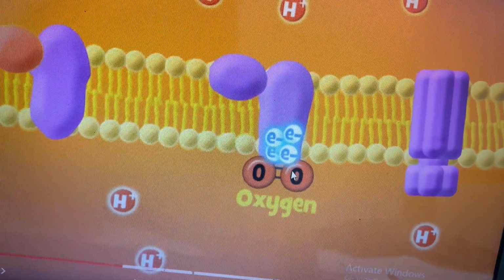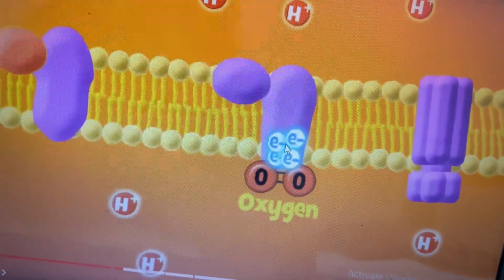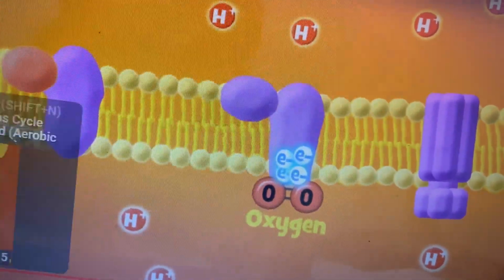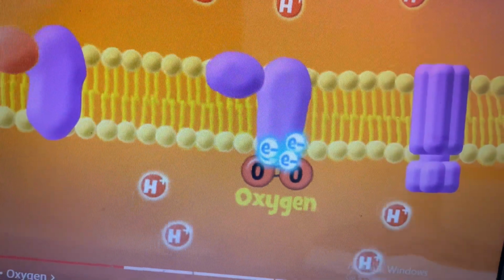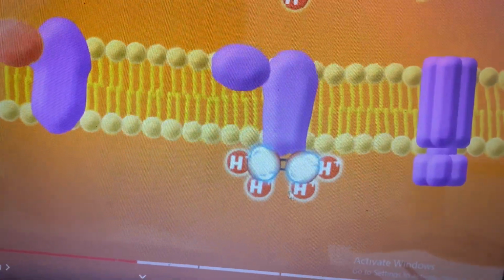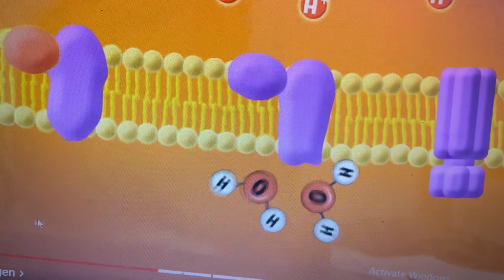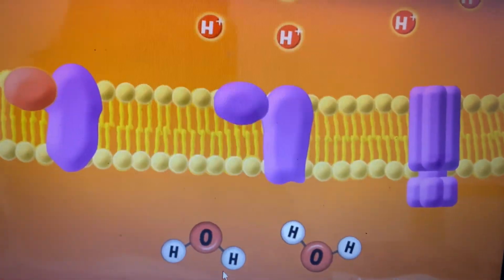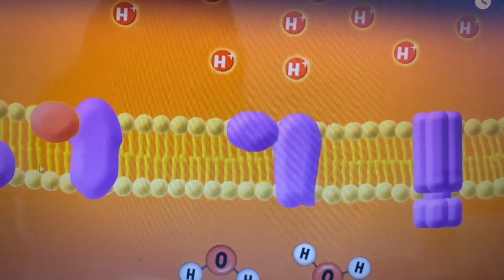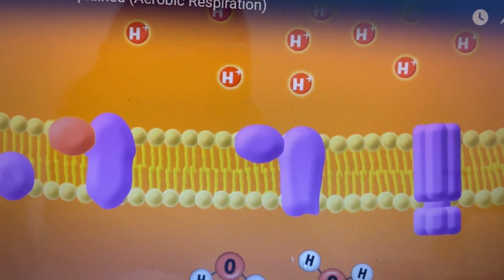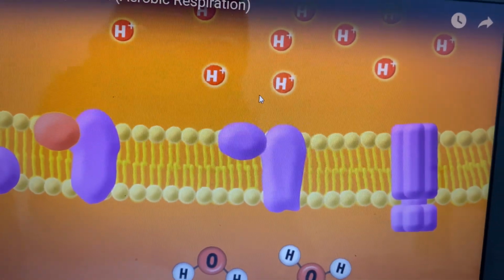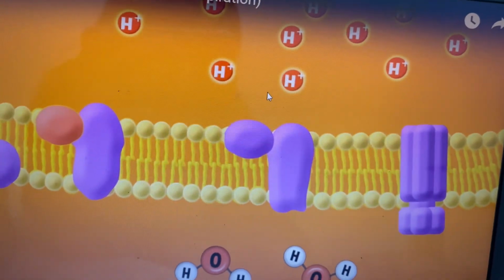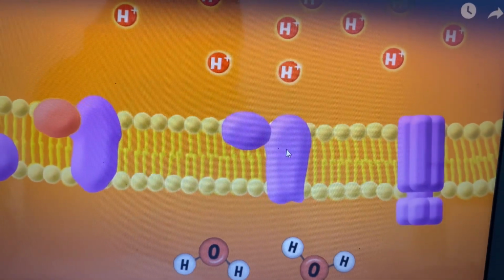Oxygen will act as the final electron acceptor. It will take away the electrons and convert them into water by combining with protons which are there in the matrix. This also helps in reducing the protons in the matrix and contributes to the creation of the proton gradient. So that is the significance of oxygen.